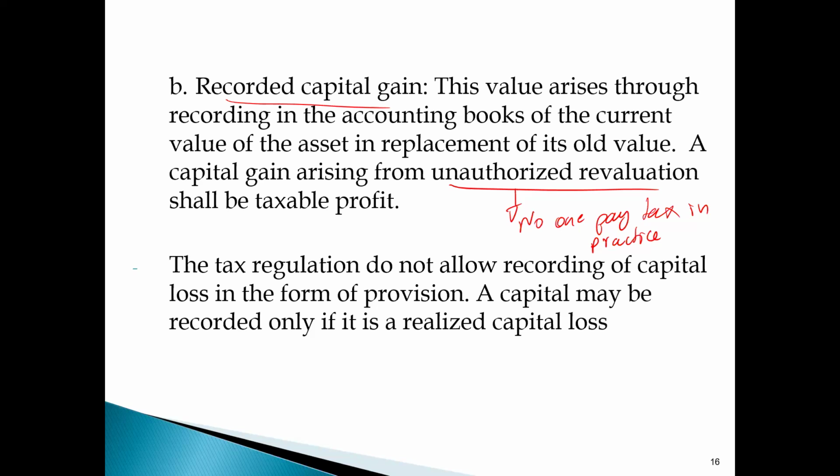Some assets you are actually required to revalue, and for some assets you may do impairments. It depends each year on whether you see the asset's value increasing or decreasing. If it decreases, you do impairment. If it increases, you do revaluation. That's based on accounting, and it is unrealized.